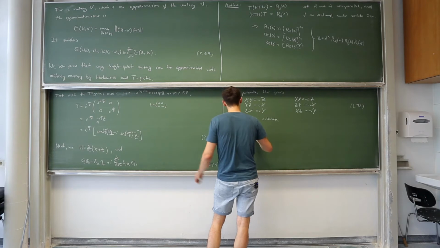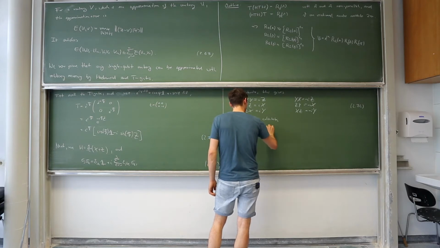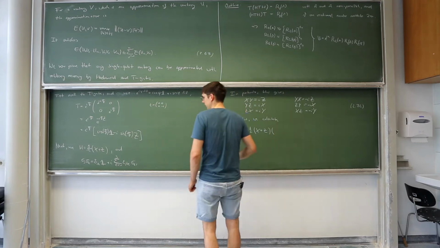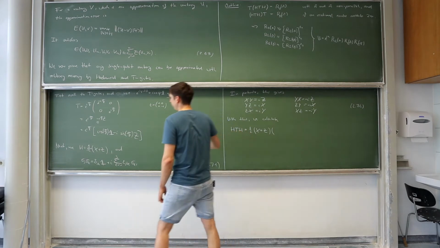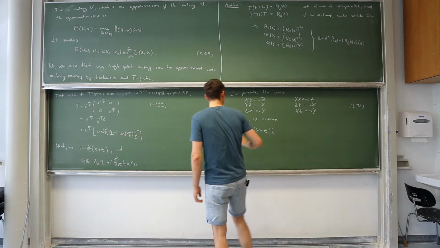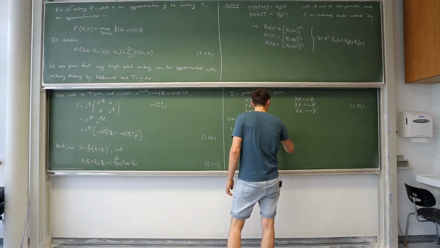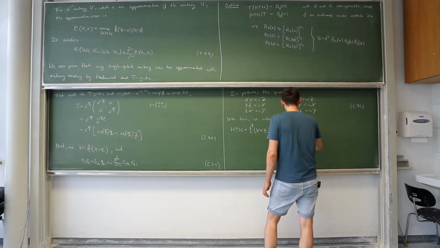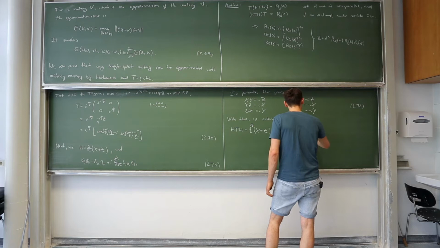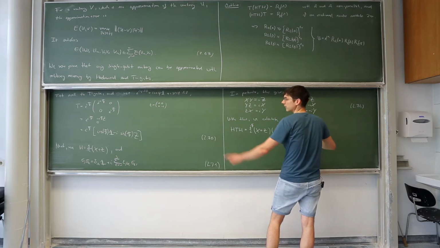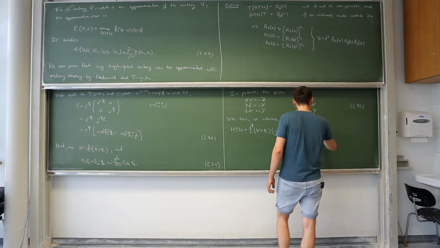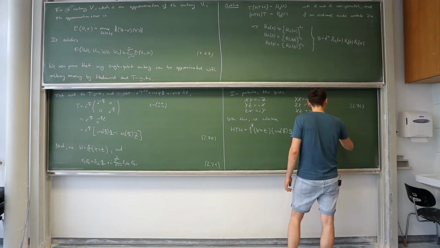And then we have x plus z. And then we have the T-gate, which is written down here. So we get here a phase e to the i pi over 8, then cosine pi over 8 times identity minus i sine pi over 8 times z. And then again x plus z.